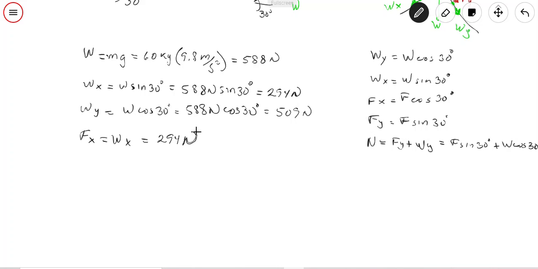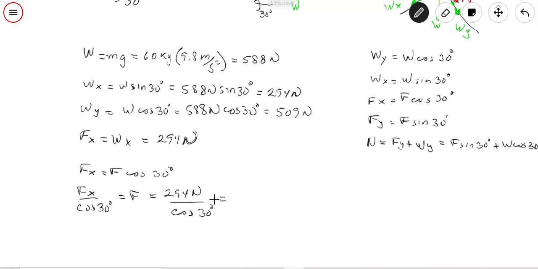Once I know Fx, I can find the force F, because Fx is F cosine of 30 degrees, so Fx over the cosine of 30 degrees will be F. So it will be 294 newtons divided by the cosine of 30 degrees. That will be 339.5, approximately 340 newtons. So F is 340 newtons.